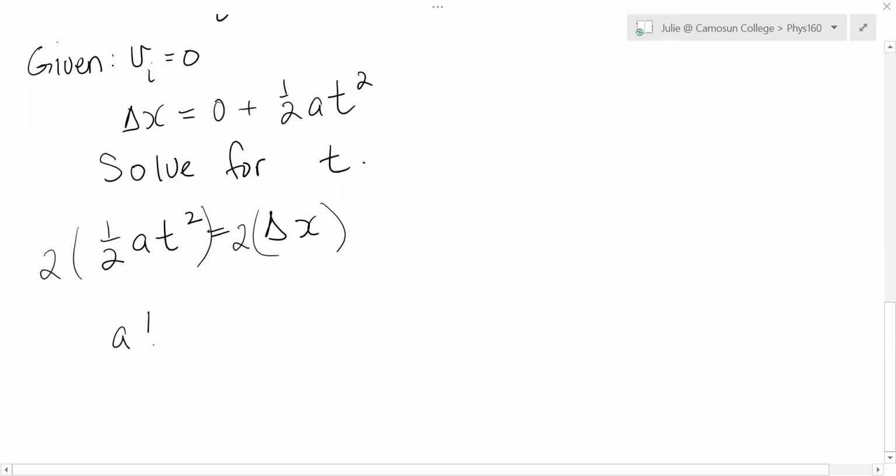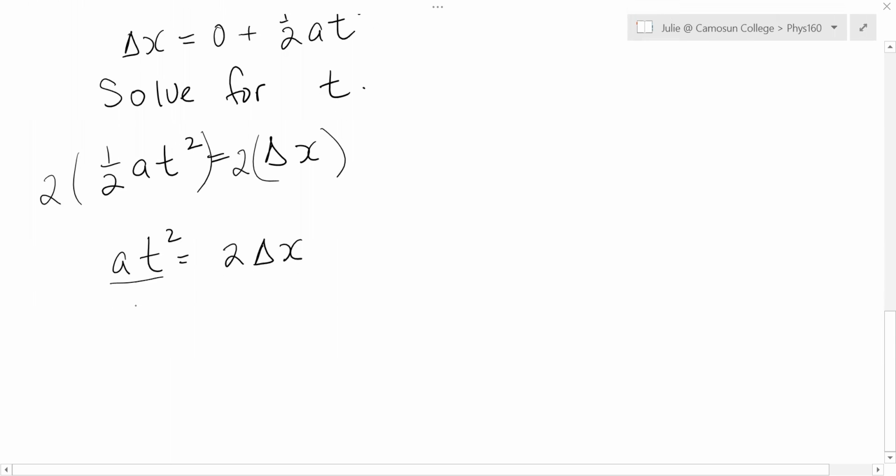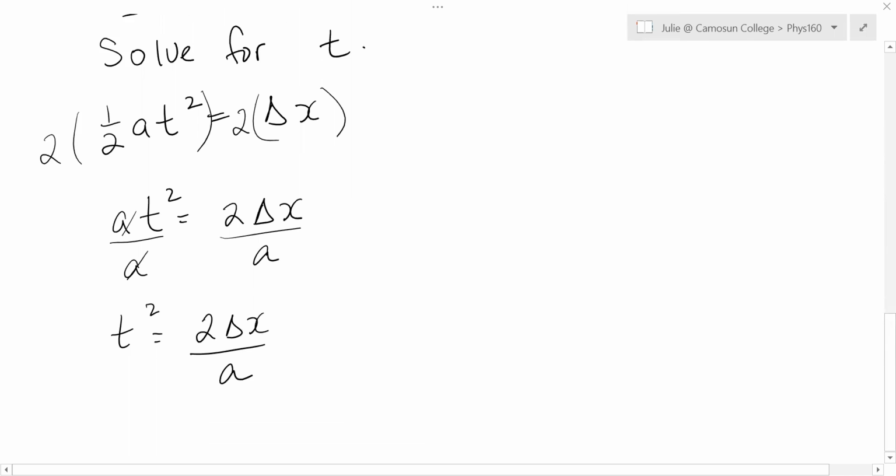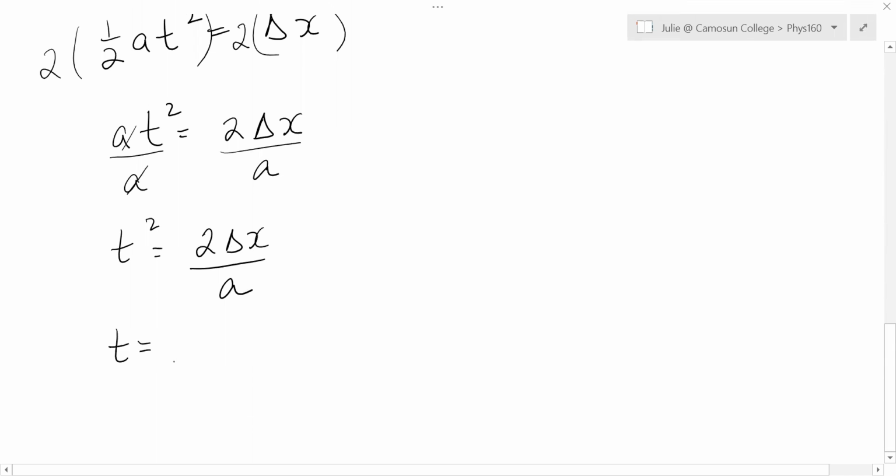So now I have AT squared is 2 delta x. Now I'm going to divide both sides by A to get rid of the A, and I have T squared is 2 delta x over A, and then I can take the square root. And so T becomes the square root of 2 delta x over A.